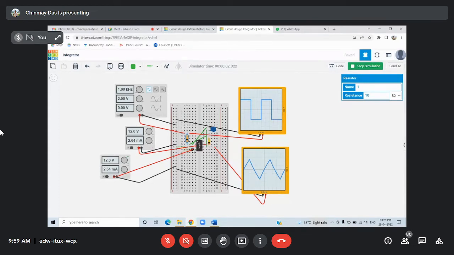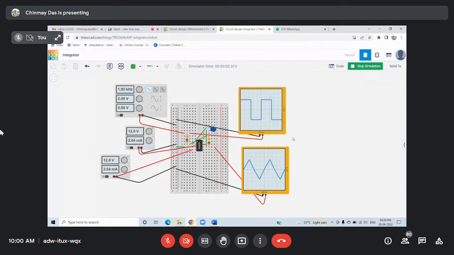Pin number 4 is connected with the negative supply, this is grounded, and this is connected with pin number 7. Values noted, resistance value noted.